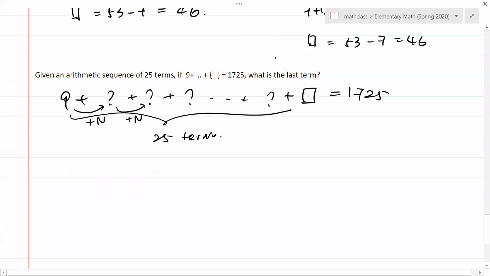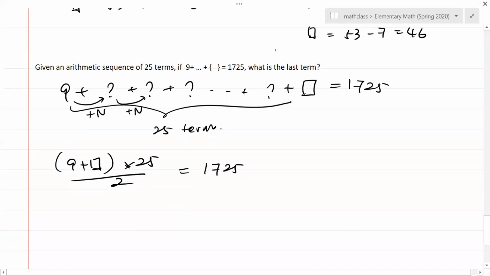Okay, so we get 9 plus the last term, multiplied by 25, and divided by 2, is going to be 1,725.